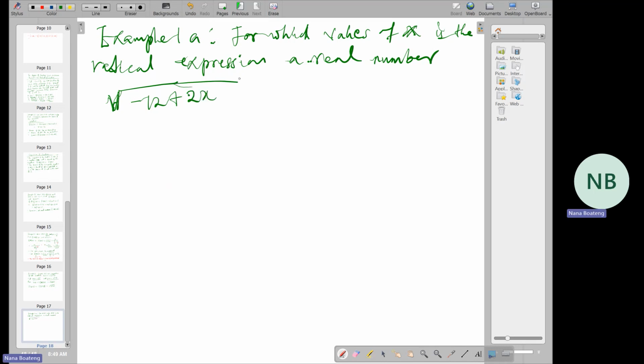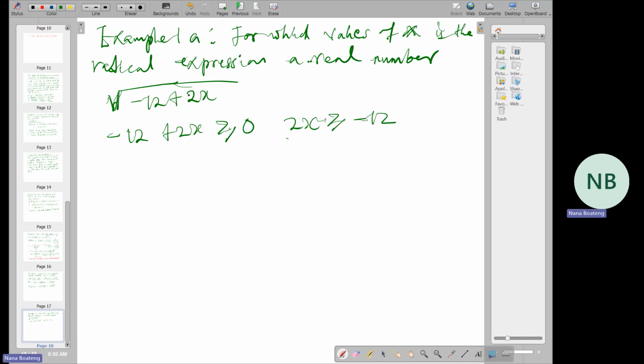So for the radical expression to be a real number, the number under the square root sign should be 0 or more. So negative 12 plus 2x should be greater than or equal to 0. All right, so now if we add 12 on both sides, we have 2x is greater than or equal to 12.